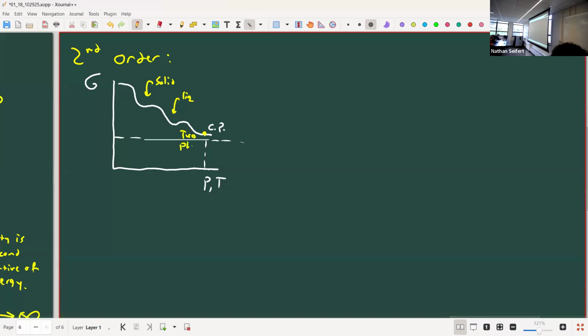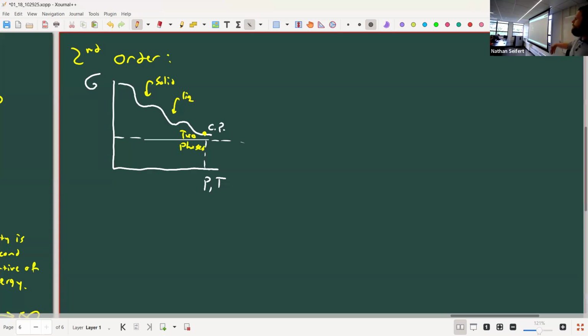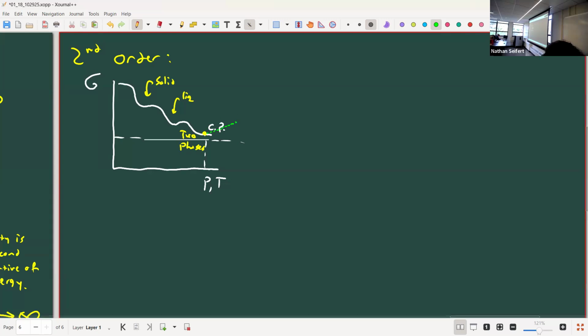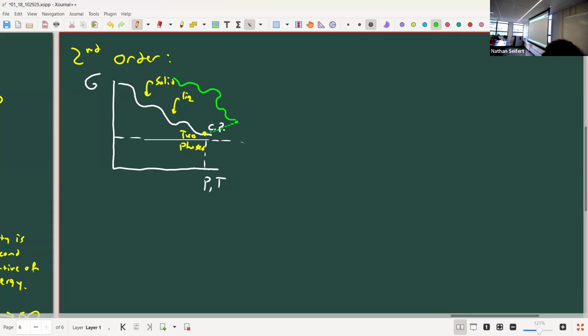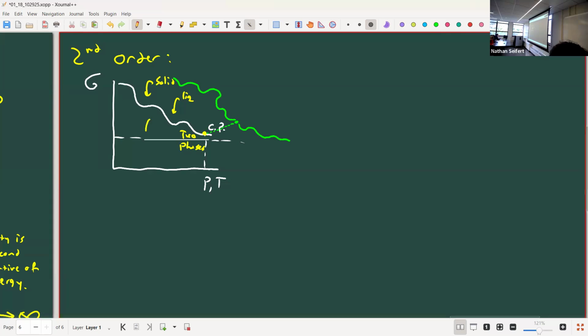What it means is that there's another curve of hills and energies and wells and orientations that is identical and right next to it in energy. So if I were to draw a little line, there's another coordinate where this point is mimicked at the same energy, and the curve looks completely different. So you can think of this as the energy surface of a two-phase system, and this is the energy surface of a one-phase system.